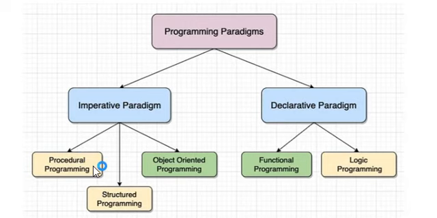It is a subset of imperative programming where the code is organized into procedures, or we can say functions. Then object-oriented programming: while OOP languages like Java and C++ can support imperative programming, they also introduce concepts like objects, classes, inheritance and polymorphism, which are not strictly a part of imperative programming.